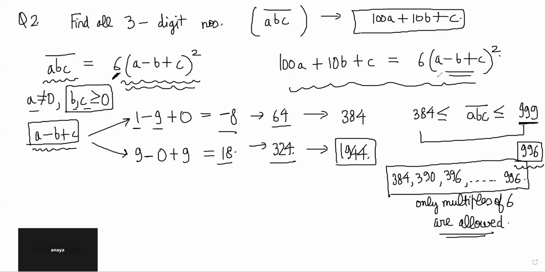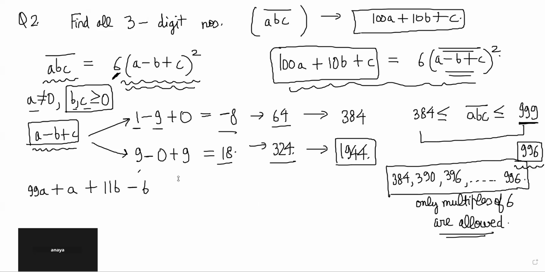Now, another trick you can do here is this 100A plus 10B plus C. I have A minus B plus C here, so I can try to create another A minus B plus C on the left-hand side also. For example, 100A can be written as 99A plus A, and 10B can be written as 11B minus B, and C can be written as C only.